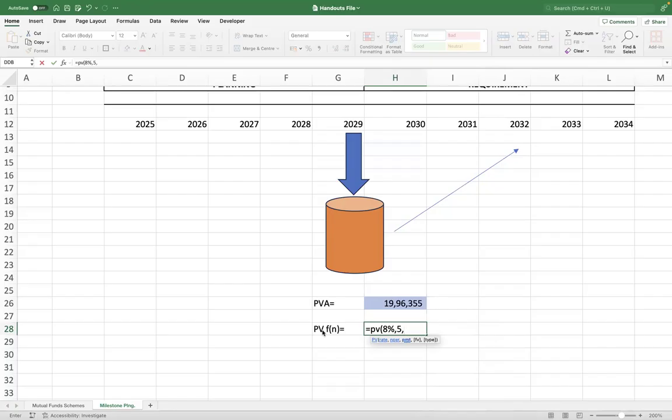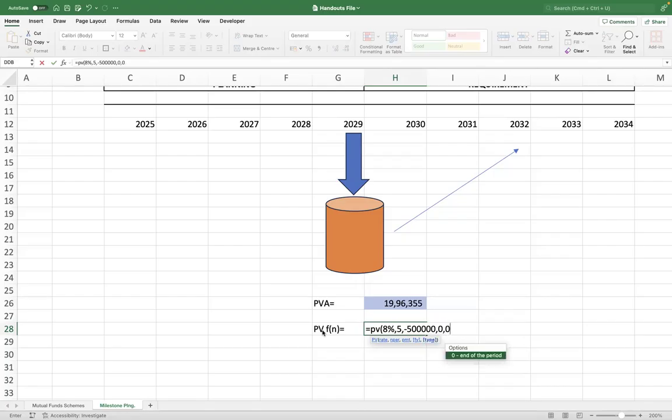PMT is your annuity payment. 5 lakhs. In fact, I will put minus 5 lakhs. Why minus 5 lakhs? Because I'm paying 5 lakhs. That's a cash outflow. इसीलिए minus 5 lakhs. फ्यूचर वैल्यू क्या होगी उसकी? 0 होगी. एक बार मैंने उस अकाउंट से 5 लाख हर साल पे कर दिया, मेरी डॉटर की फीस फाइनेंस हो गई, कोर्स फाइनेंस हो गया, उसके बाद उसमें कुछ नहीं बचेगा.